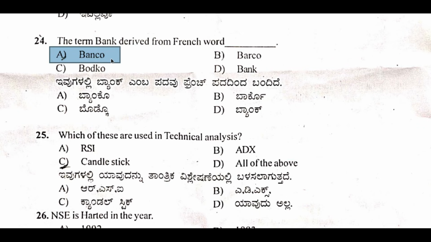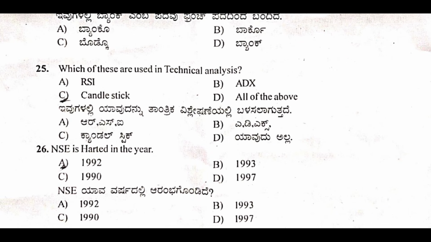Coming to question number 25, which of these are used in technical analysis? Option A, RSI, option B, ADX, or option C, candlestick, or all of the above. In technical analysis, RSI, that is relative strength index, and ADX, that is average directional index. The RSI is the momentum indicator used in technical analysis.